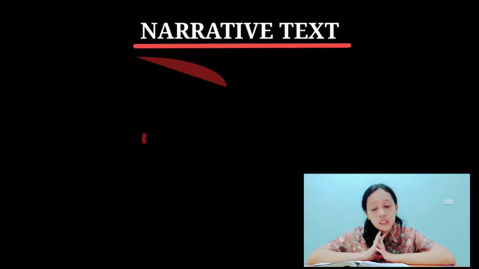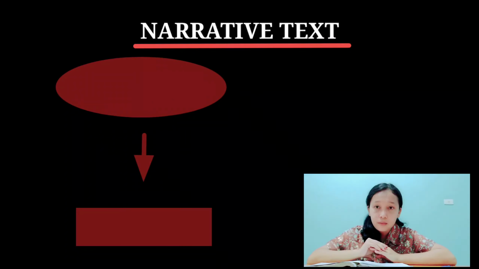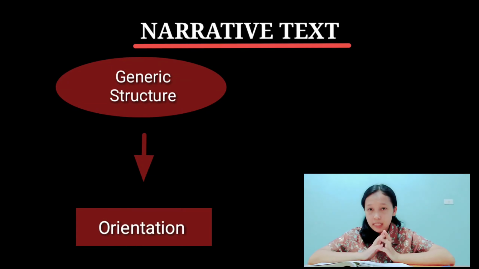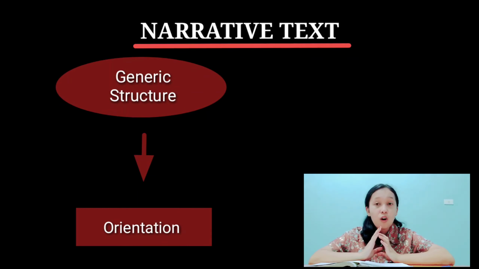And what is the generic structure of narrative text? The generic structure of narrative text, the first is orientation. Orientation is the opening paragraph where the characters of the story are introduced. And the second is complication.